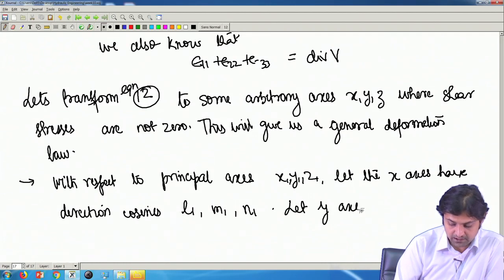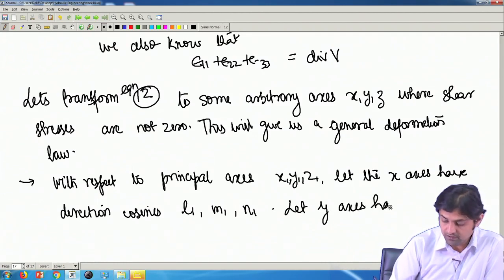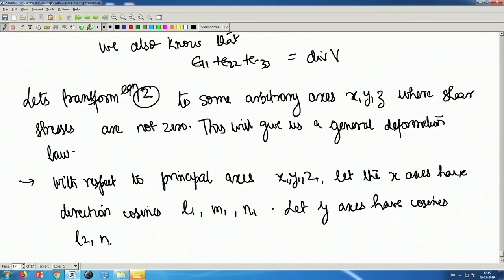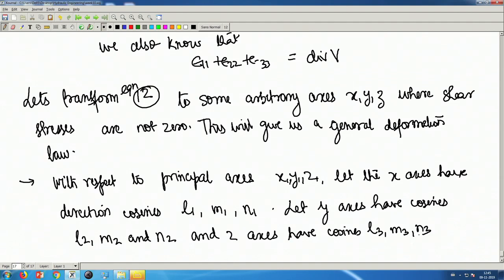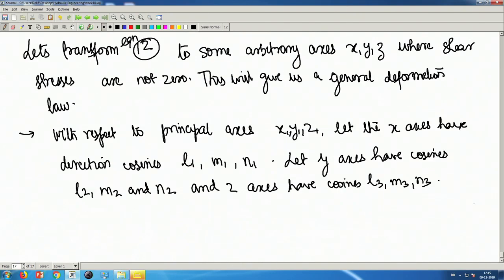Let the y-axis have direction cosines L2, M2 and N2, with respect to the previous principal axis, and the z-axis have direction cosines L3, M3 and N3. Okay.